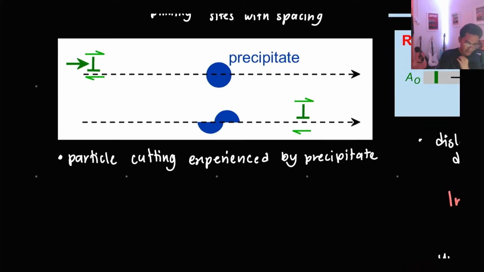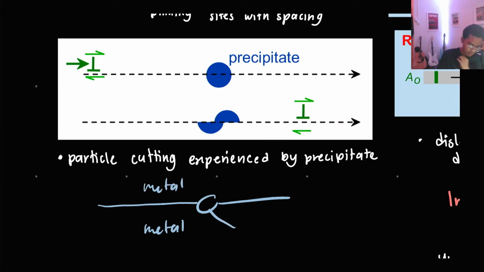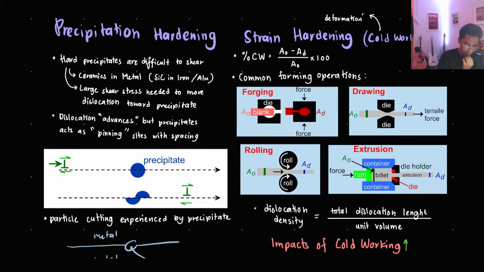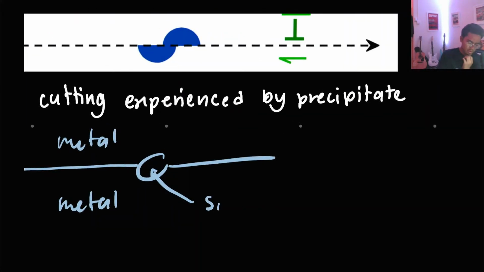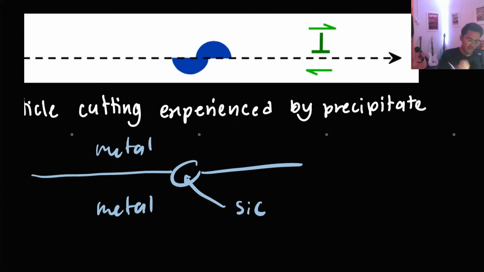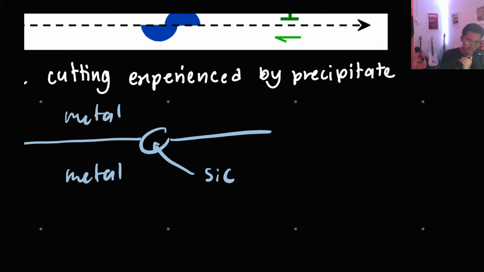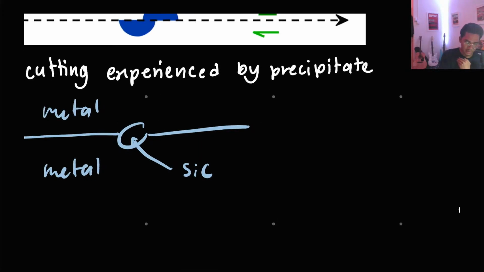If you have a plane, this is metal and this is also metal, and you have a small SiC, silicon carbide, in the middle, you need to overcome the shear stress of that particle in order to deform the plane.